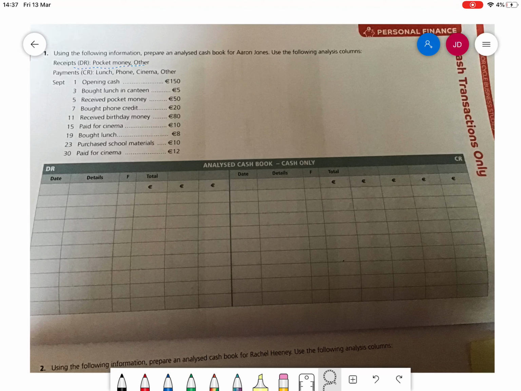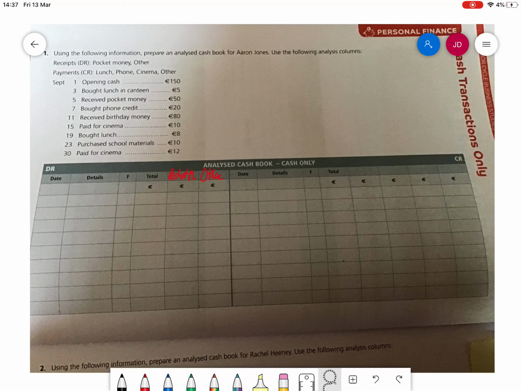We're told in the question what they want the analysis columns to be, so we just need to put these down here and down there. So let's get stuck into that. In the receipts or debit side we have pocket money and other. So I'm going to write in here pocket money, just going to call it pocket M because I don't have much space, and other.